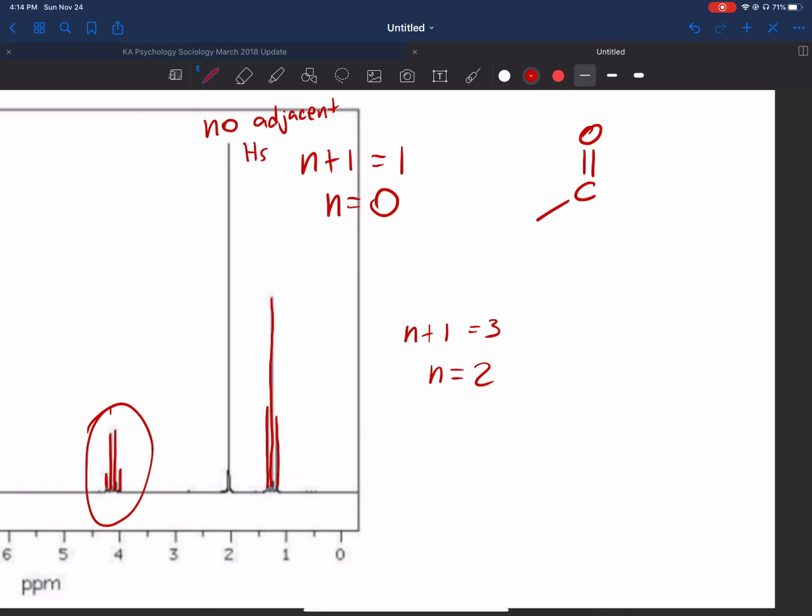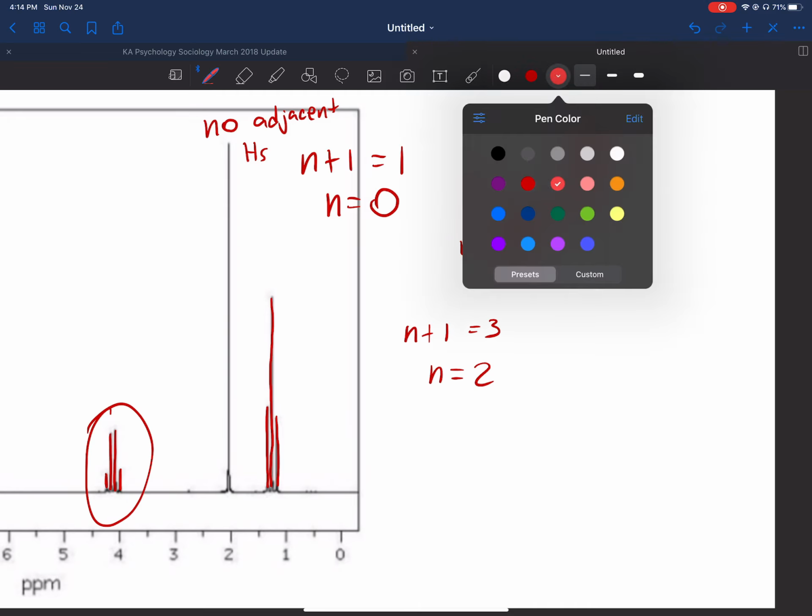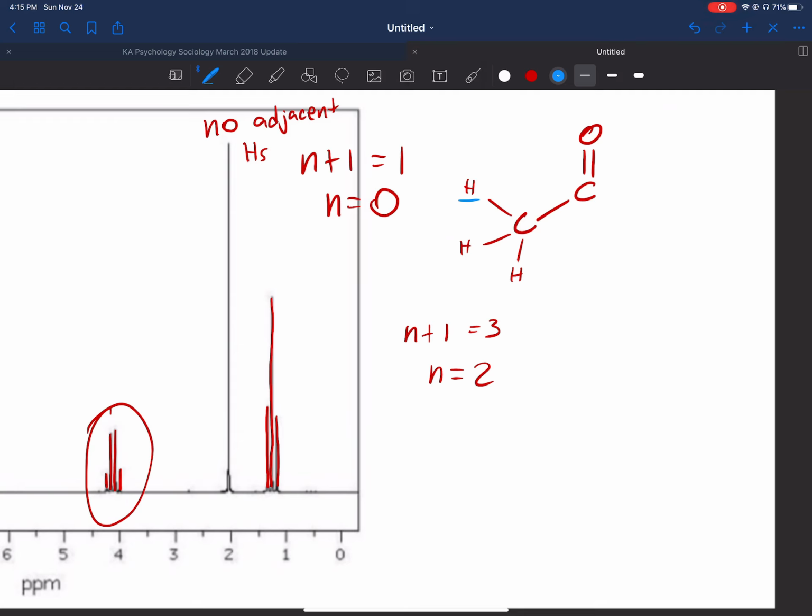So if I put a methyl right here, there are no hydrogens coming off of this carbon, right? So here's the 1 hydrogen, 2 hydrogen, 3 hydrogen. So we're going to be looking at one of them. So n plus 1, right? There are no adjacent hydrogens on that carbon. So n plus 1, we're going to get 0 for n, plus the 1, that's going to be a singlet, 1. So that makes sense for our singlet over here.